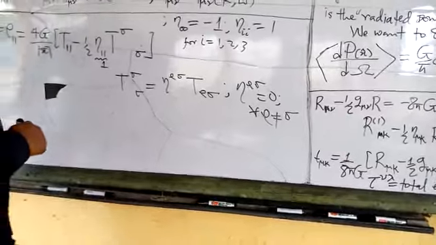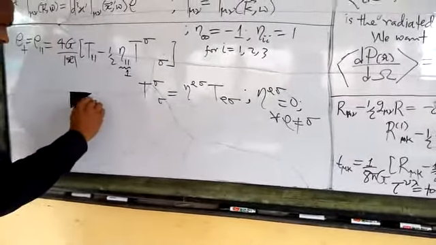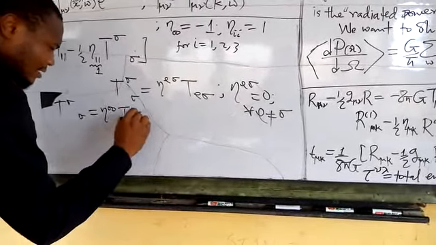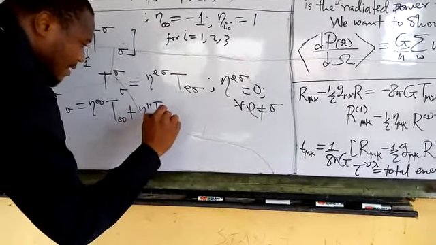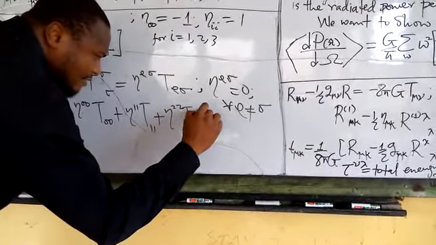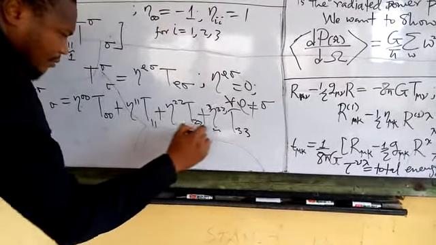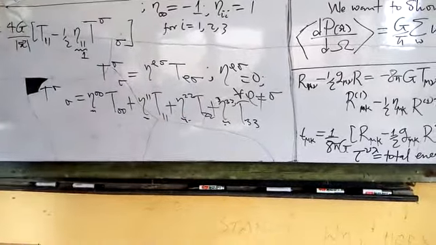So because of that, we can just simply go straight in saying that T sigma is equal to eta 00 T00 plus eta 11 T11 plus eta 22 T22 plus eta 33 T33, where all these 1, 2, 3 are equal to 1, but this alone is equal to minus 1.